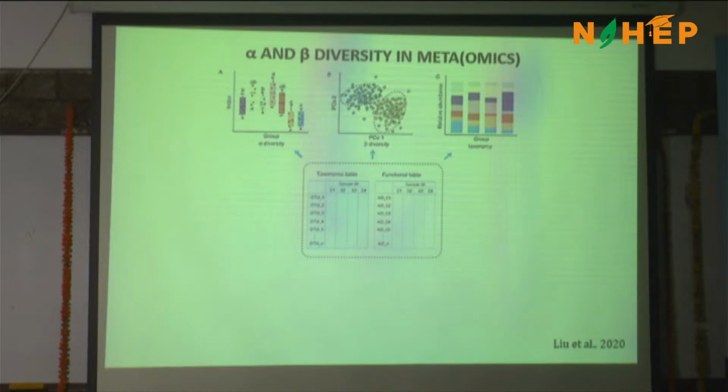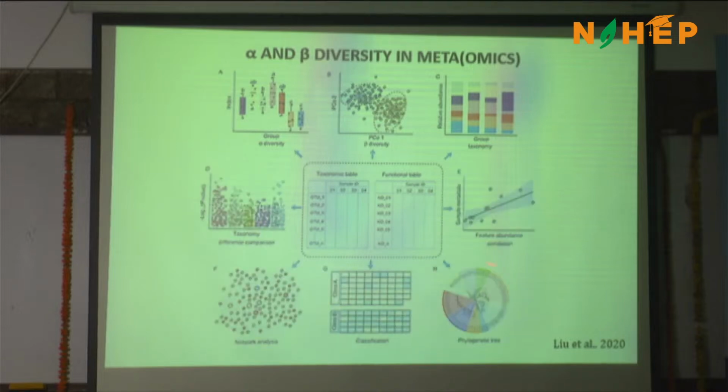Principal component analysis, and you can also look at the taxonomic composition. But you can do many other things with your microbiome data, from co-occurrence networks to similarity networks that we were talking about this morning, to phylogenetic analysis, and so on. There are so many possibilities, but you need to have the right question for your microbiome.